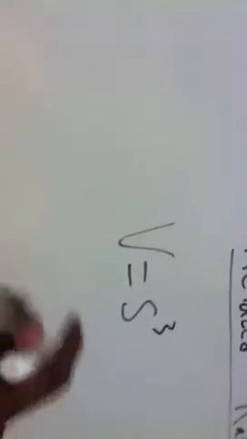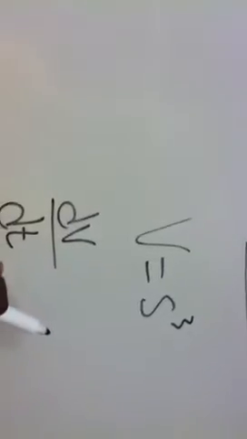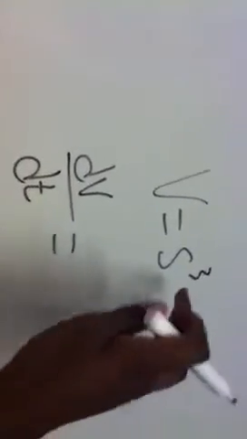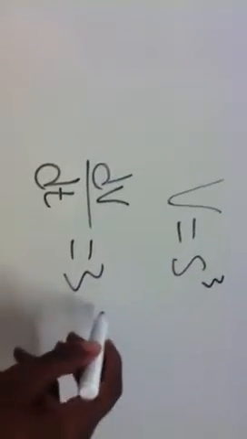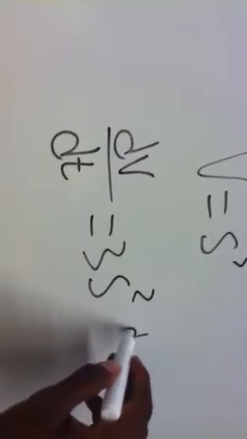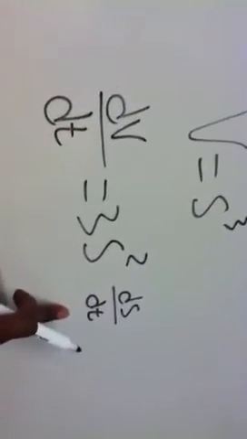So we can say the derivative of this formula will be dV over dt, the change in volume over the change in time, is equal to, and you should know how to do derivatives, you just bring the 3 down: 3s squared times ds dt, because that's what we're solving for.